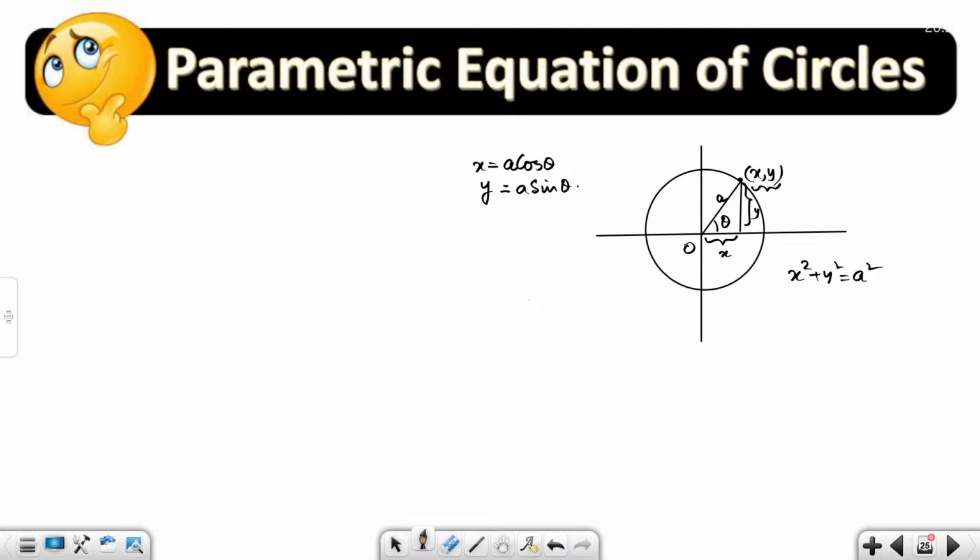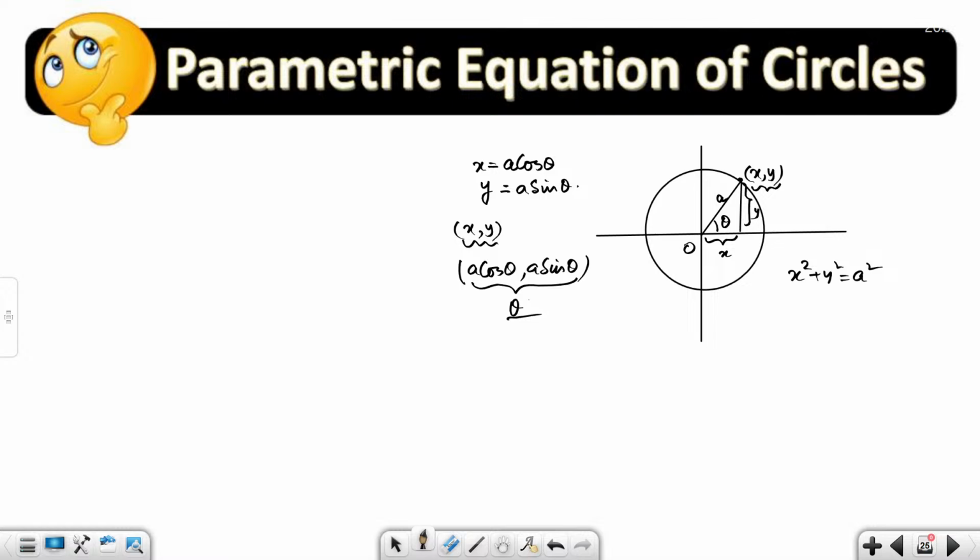Now you see, instead of taking x comma y as any point, which involves two variables, if we say a cos theta comma a sin theta is any point on the circle, this has automatically reduced one variable, because the only parameter is theta. To solve for theta, you need only one equation. But in the previous case, you need two equations to solve for x and y.